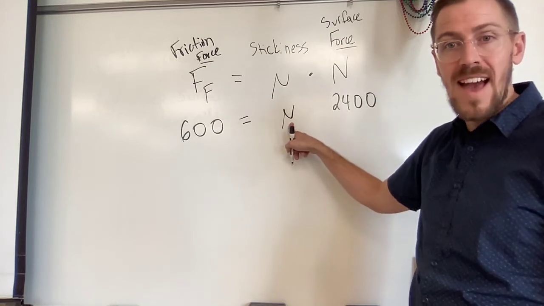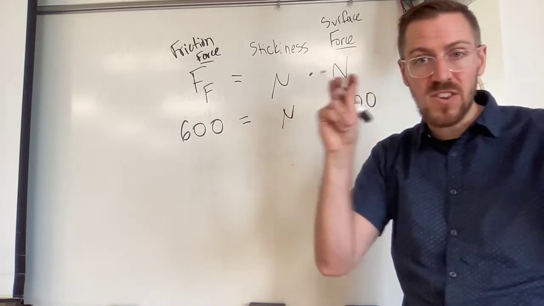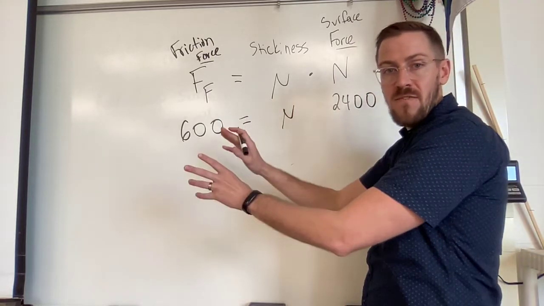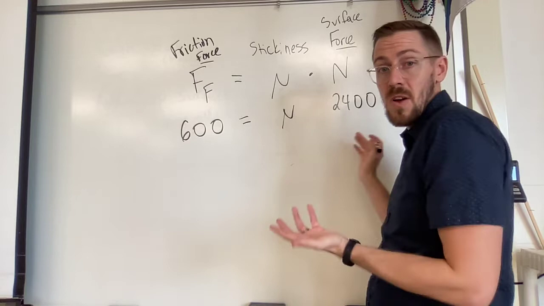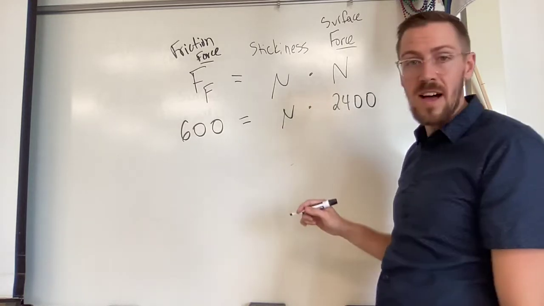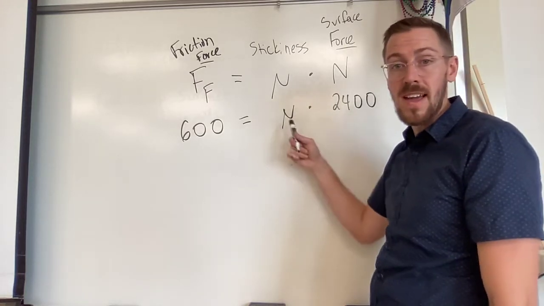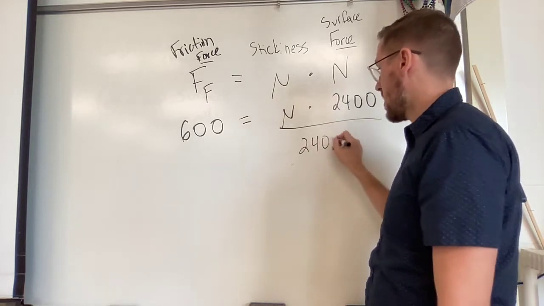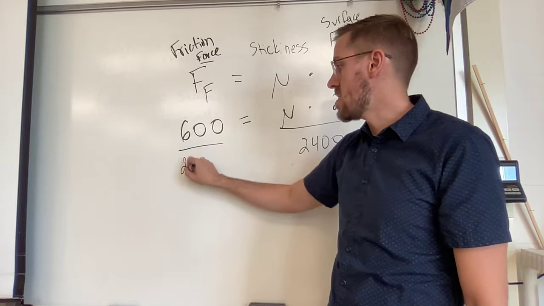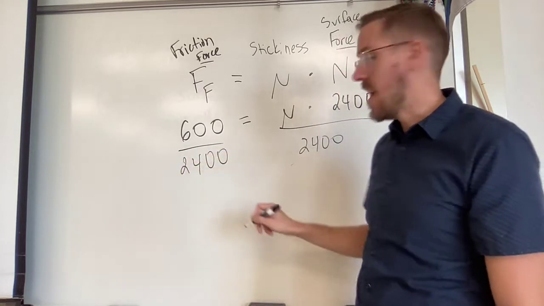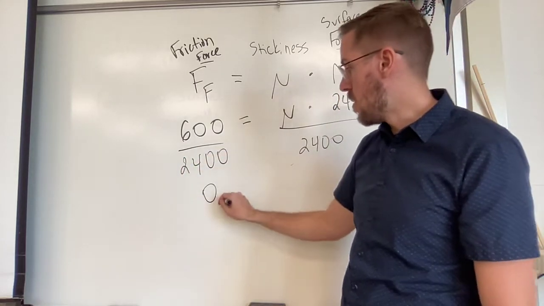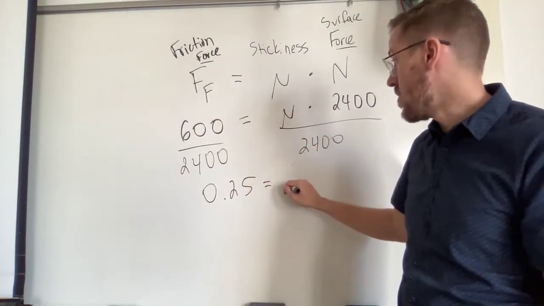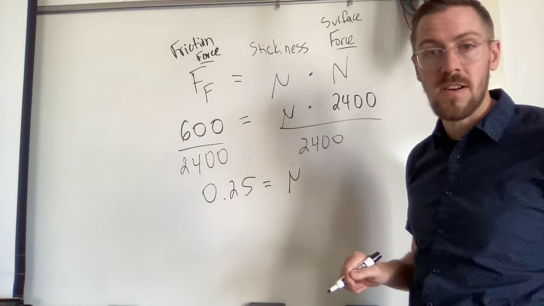The question is basically asking what percentage of that force you get from this. All you've got to do is solve it using algebra. Since it's multiplying, you undo that by dividing by 2,400. Divided by 2,400, and you get 0.25 equals the coefficient of friction.